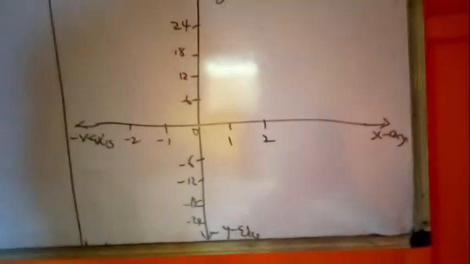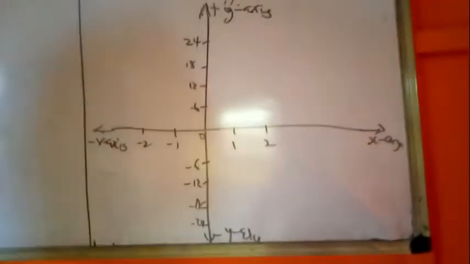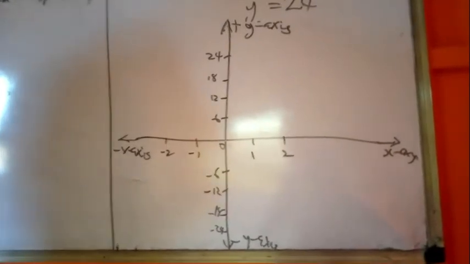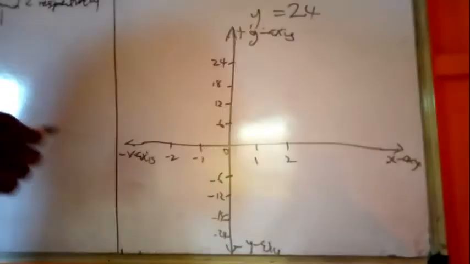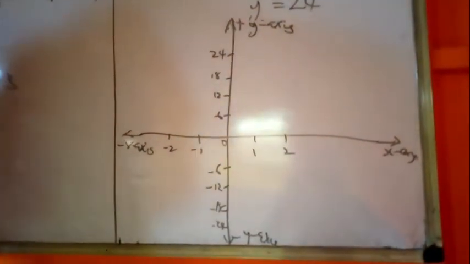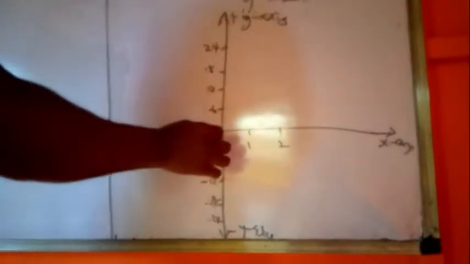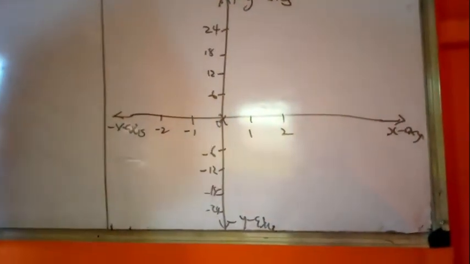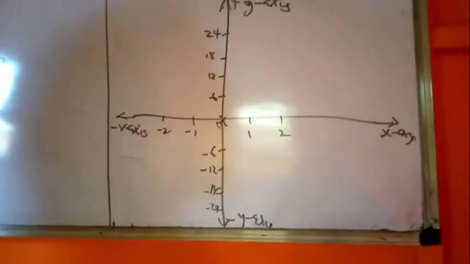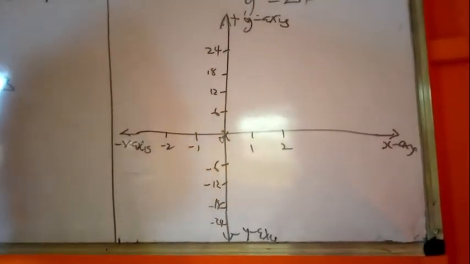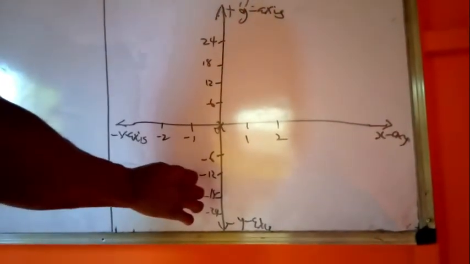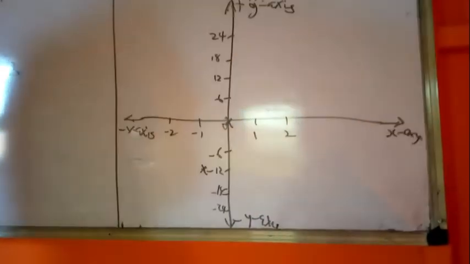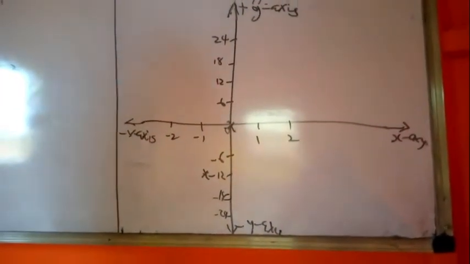Then let's plot the graph with these 3 points. With 3 points, you can know the structure of the graph. If x is equal to 0, y is equal to 0. So that is the point. Then when x is equal to minus 1, y is equal to minus 12. When x is equal to 2, y is equal to 24.